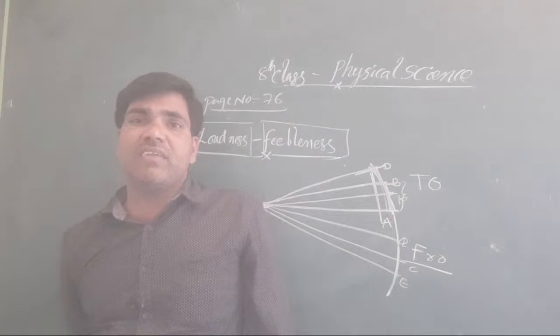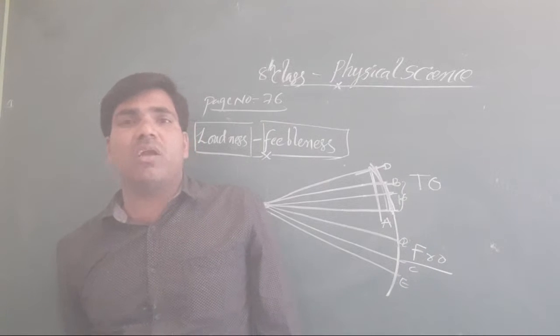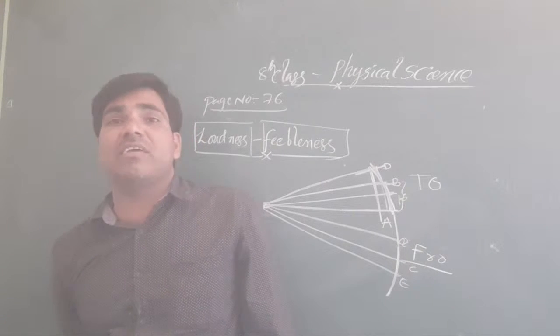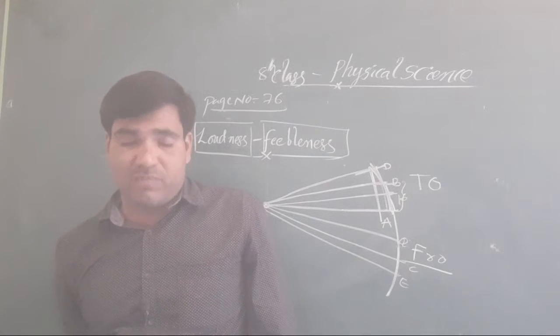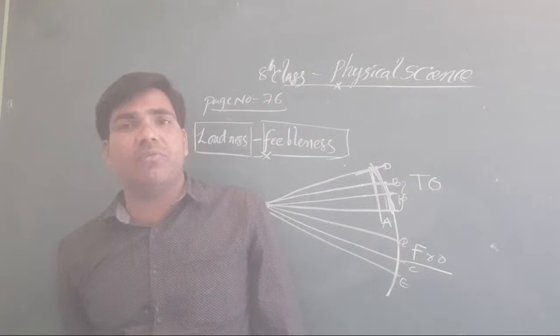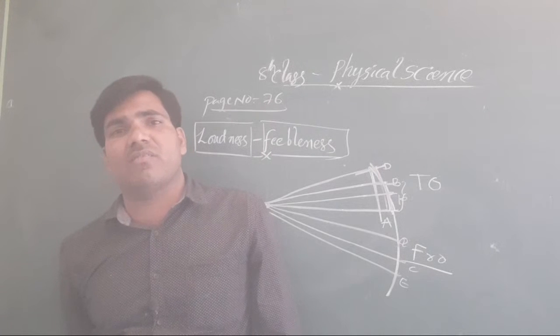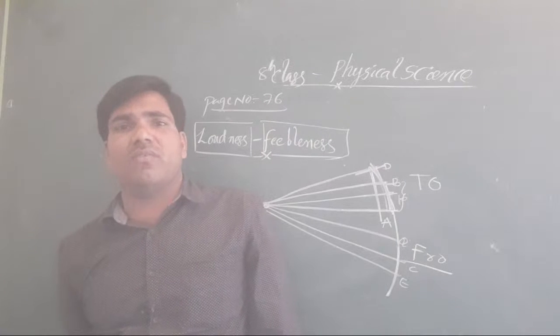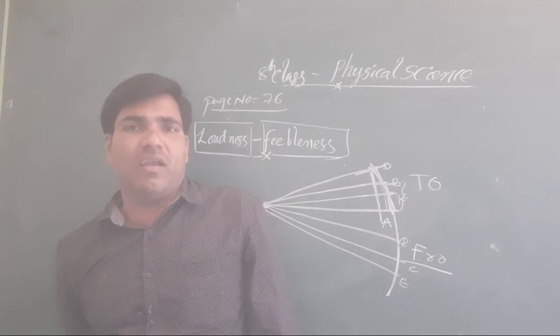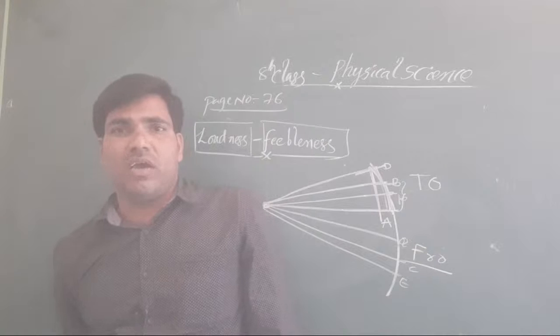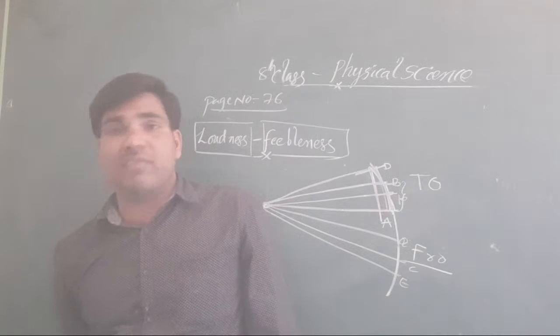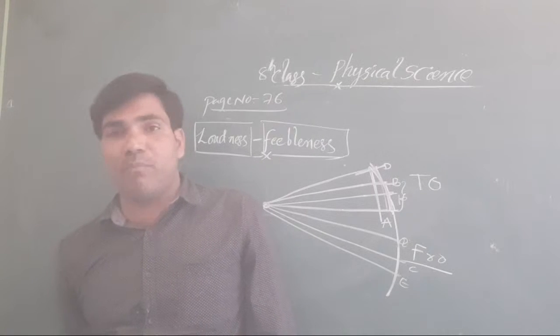Now, the intensity of the sound depends totally on which thing? That is the amplitude of the vibrating body. More amplitude gives more vibrations and more sound. Fewer vibrations give less sound. Clear or not all the students? Less vibration is nothing but less amplitude only.